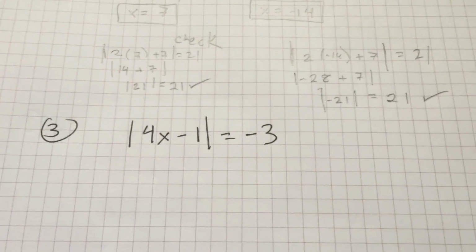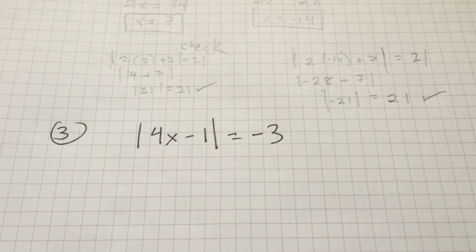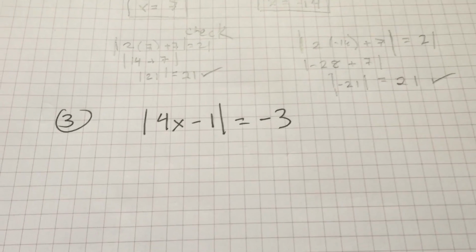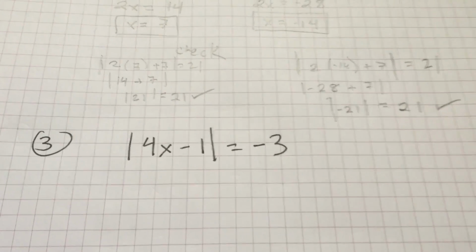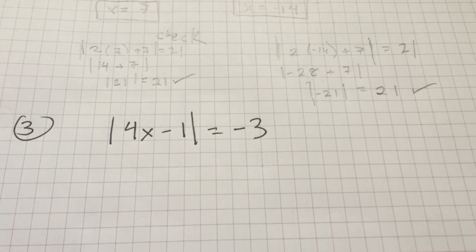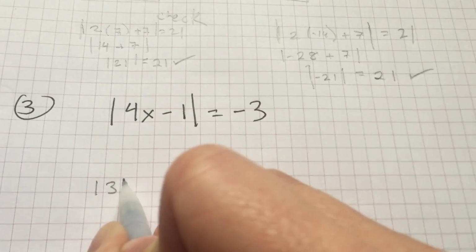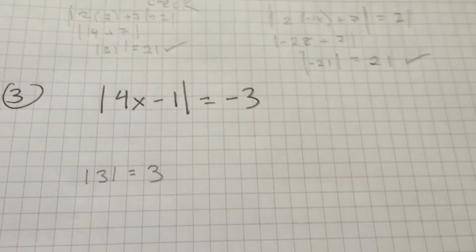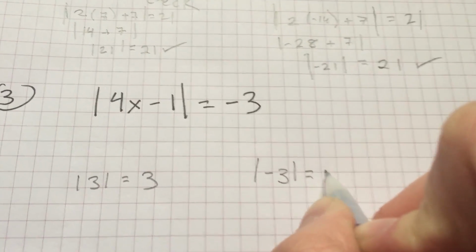So here's our third example for solving absolute value equations. Go ahead, pause the video, take a moment. All right, so what's a little bit different about this problem is the absolute value of 4x minus 1 is equal to a negative 3. So remember, the absolute value of 3 is equal to 3, which we said earlier, and the absolute value of a negative 3 is also equal to 3.